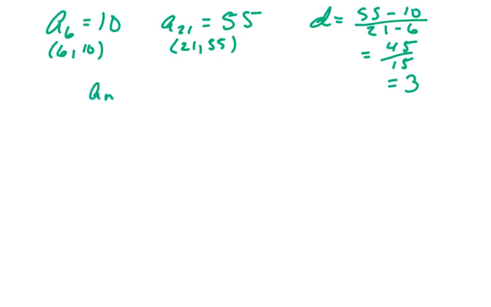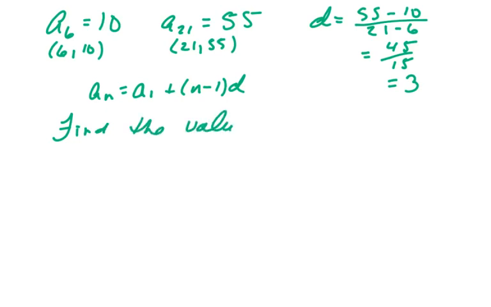So using our arithmetic sequence nth term rule, we can find the value of n for which a sub n equals 40.